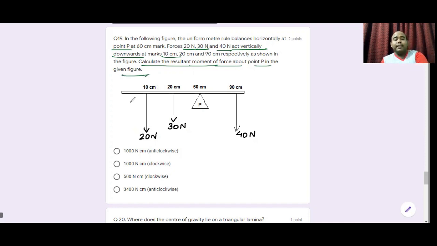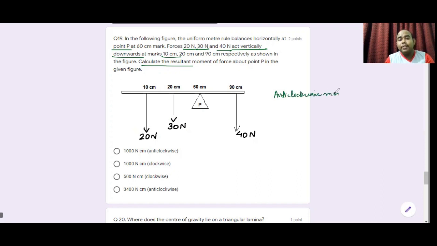तो मैंने अभी भी बताया था कि resultant moment निकालने का वही मेथड है, ट्रिक है कि आप एंटी क्लॉकवाइज टोटल निकालो, आप क्लॉकवाइज कितना है निकालो, और साइन के साथ आप दोनों को ऐड कर दो. So first of all, I will find out the anti-clockwise moments.